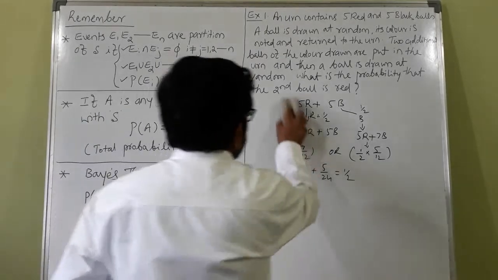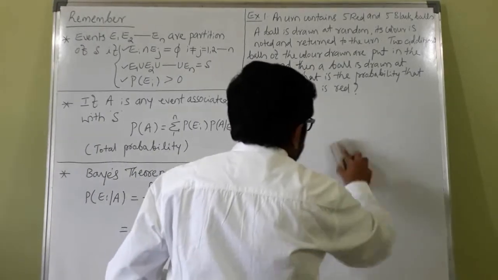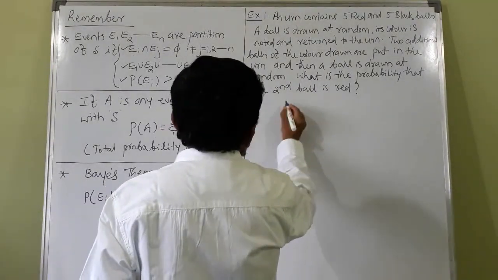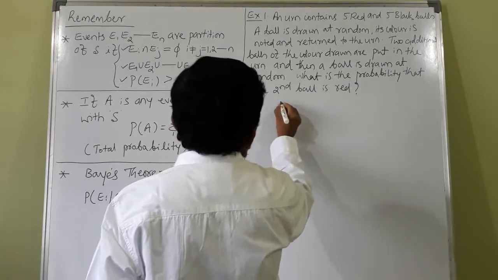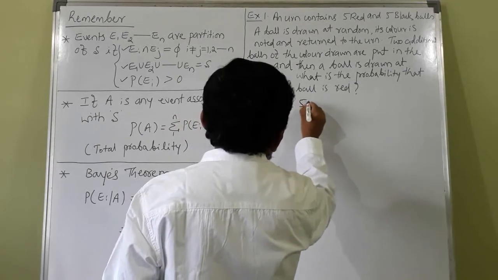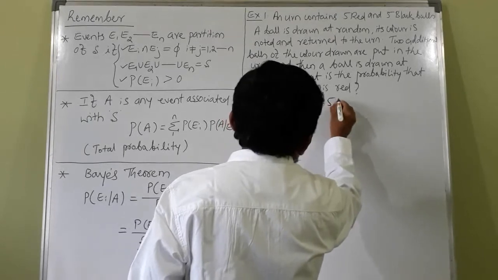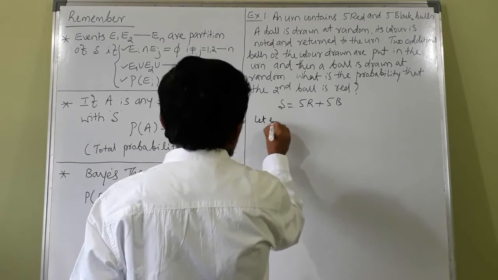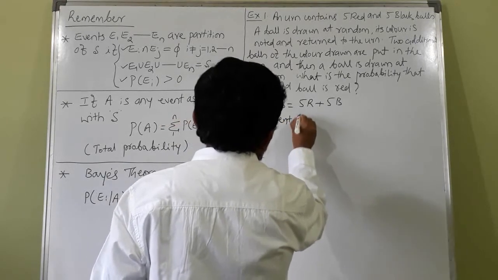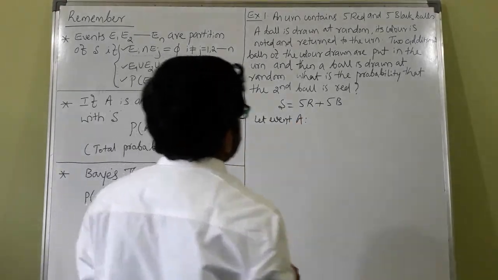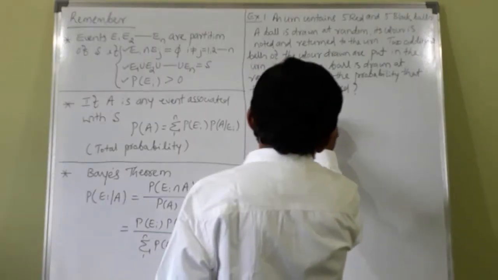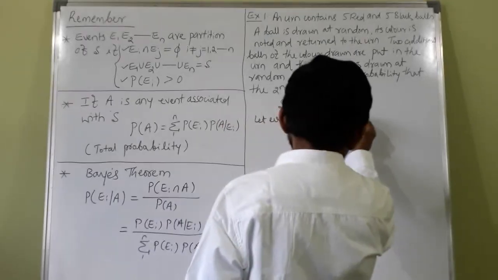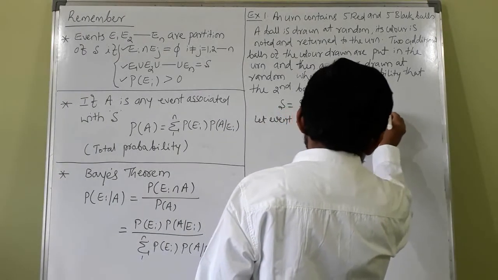Okay, let us solve theoretically. See, let us define. Totally there is a sample space consisting of 5 red plus 5 black balls. Okay, let event A be the first ball drawn is red.